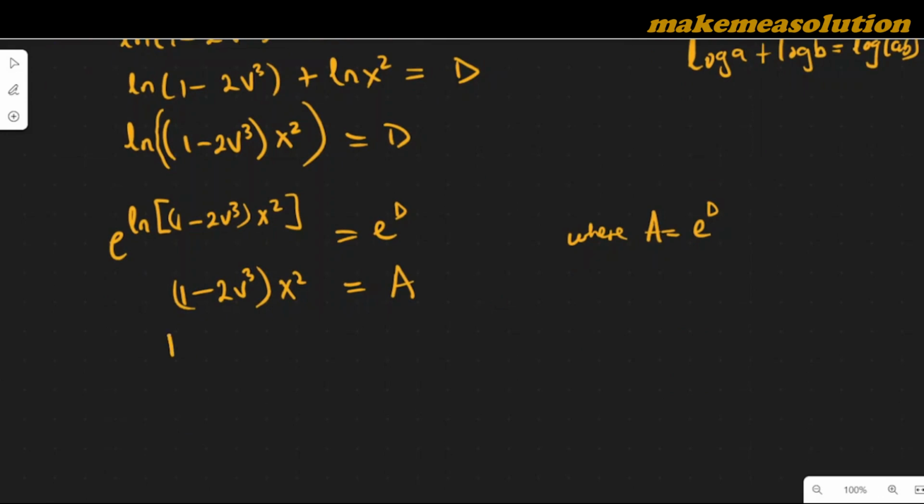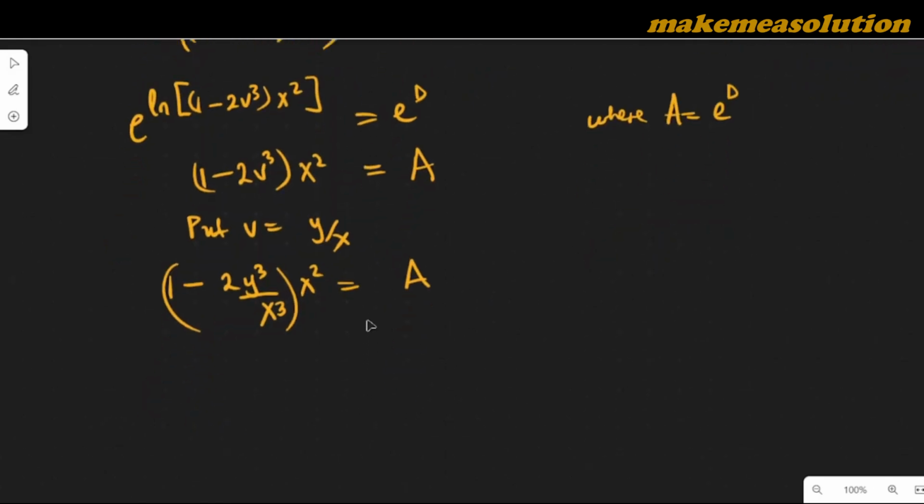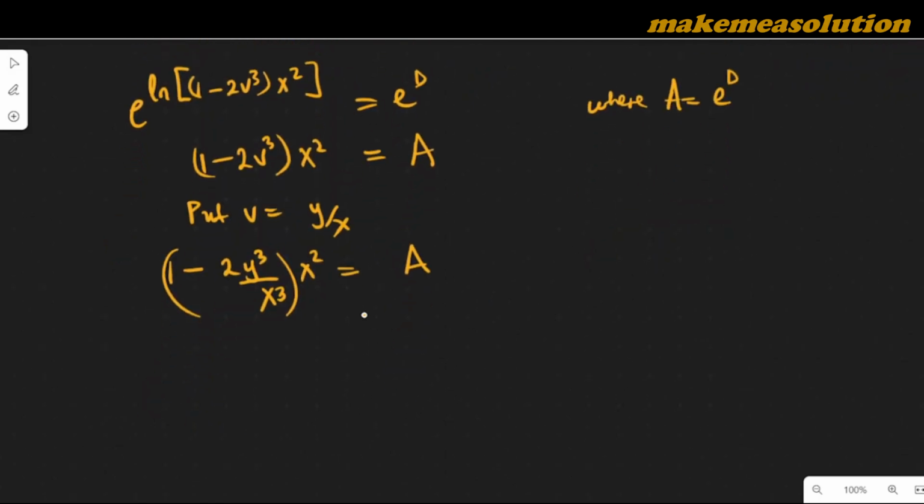So first of all, you now have to put v equal to y over x. So this becomes 1 minus 2y cubed over x cubed, then times x squared is equal to a. So what we'll be having is x cubed minus 2y cubed over x cubed, all multiplied by x squared, is equal to a.